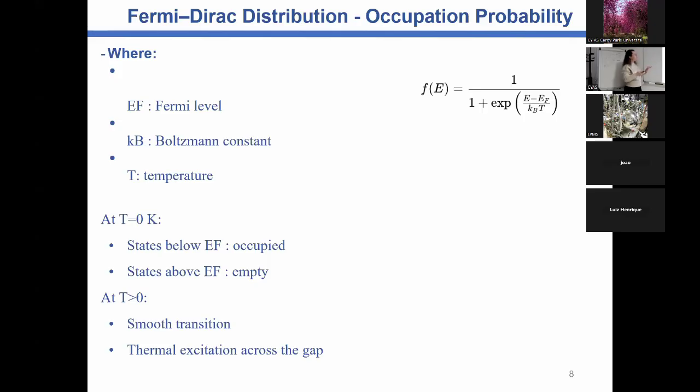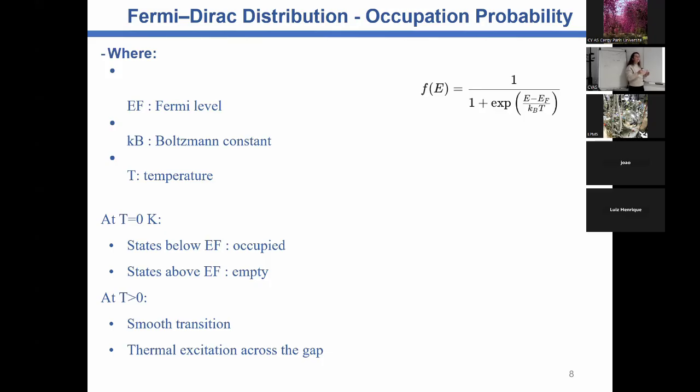The next rule is that we also have a Fermi level, which is related to the probability to find the last electron in your material.